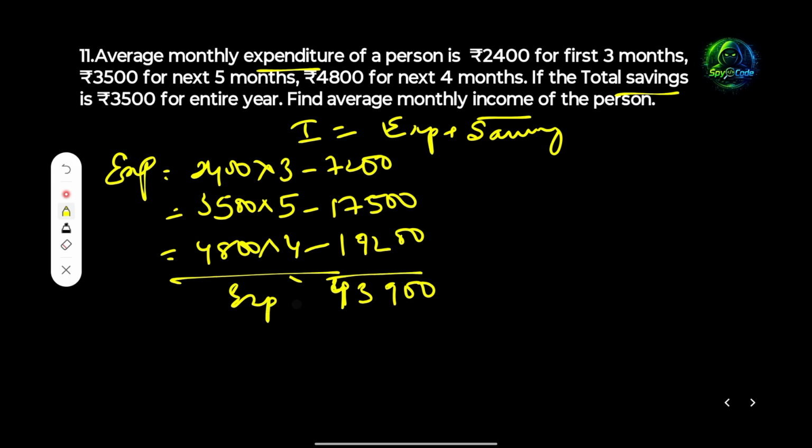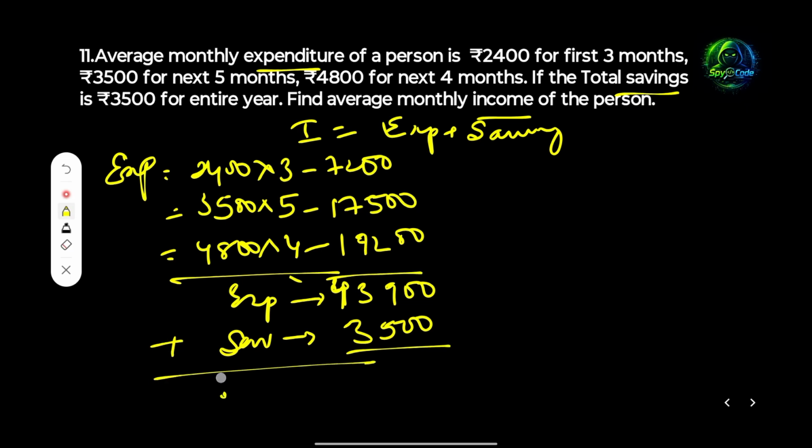So this is expenditure, and savings is 3,500 for the total year. So when we add these both, we get income. Income is 47400.